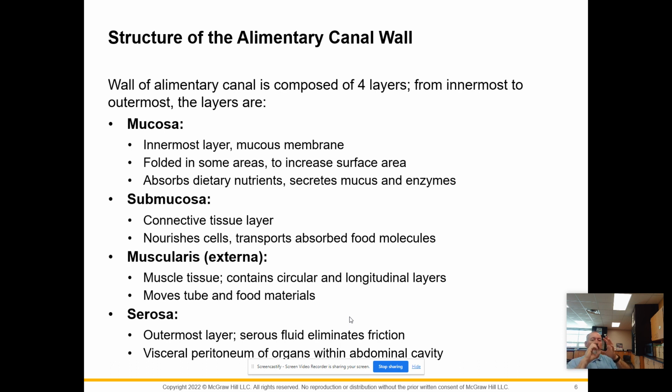One is the movement of things in a non-directional form, and there's also a directional form of contraction, peristaltic movements that move things through the system. The outermost layer is the serosal layer, and just like other organs, it has a visceral peritoneal layer that's going to cover all this in the abdominal cavity.